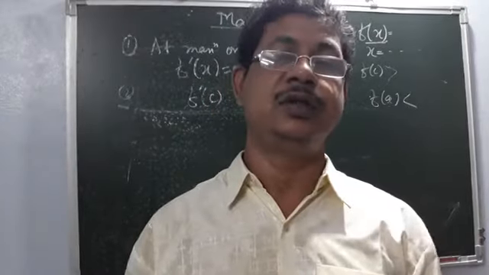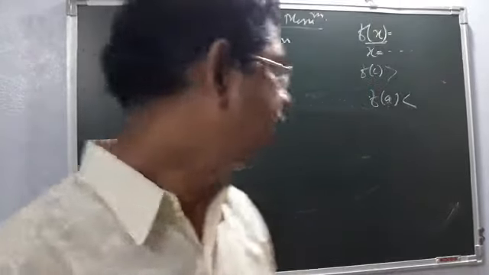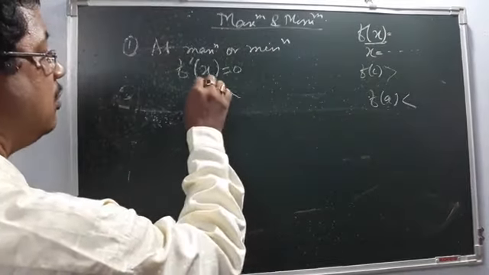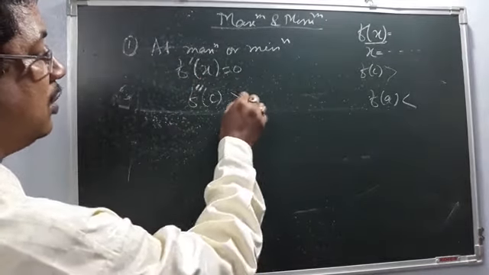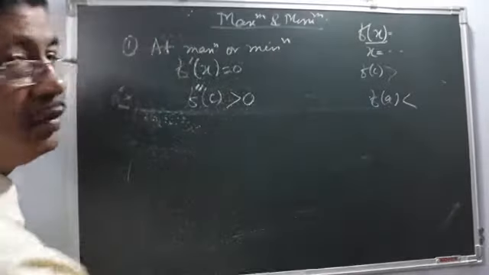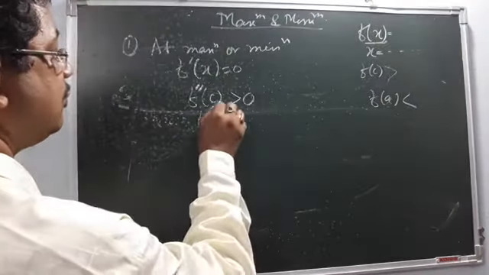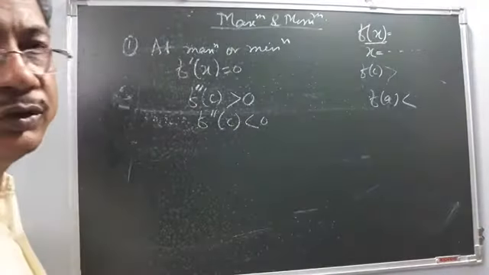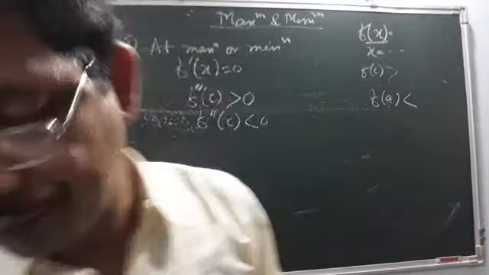So that is the first derivative test. And the second derivative test says that if the double derivative is positive, then minimum. If it is negative, then maximum. So that thing you have to remember.